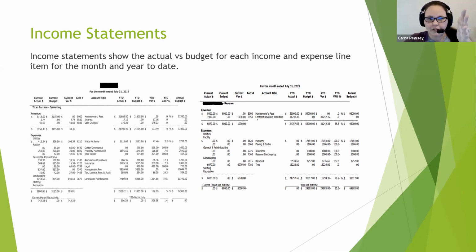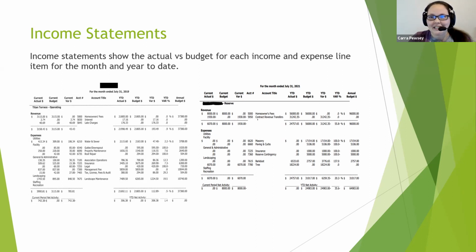Accounting likes to be reversed. Then the actual line item name, title and account code. And if we jump to the other side of the name, this is year-to-date actual, year-to-date budget, year-to-date variance based on dollar, year-to-date variance based on percentage, and then the annual budget.